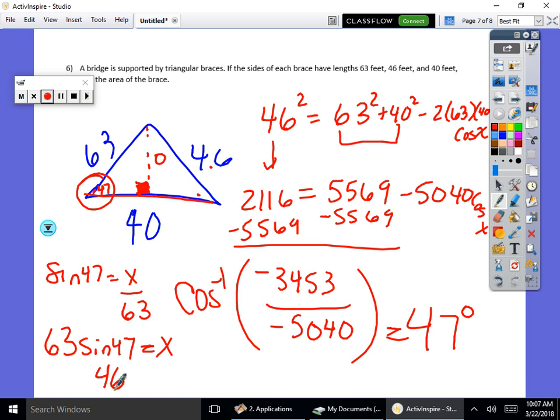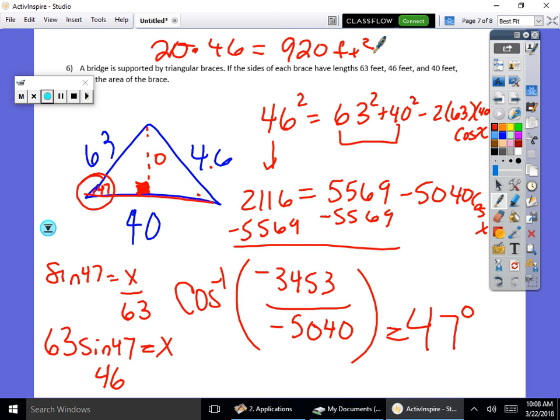And area of a triangle is half the base times the height, or base times height divided by 2, however you want to do it. So half of 40 is 20 times the height of 46 gave me 920 feet squared. Cool? Was there a question? How I found the area?